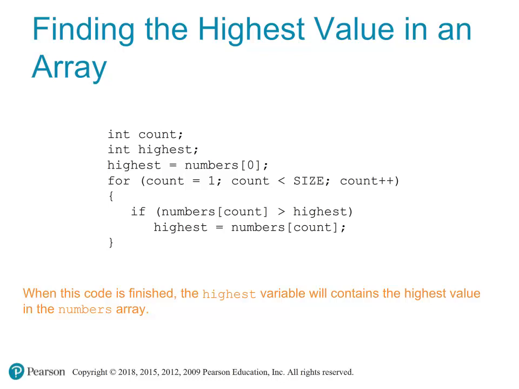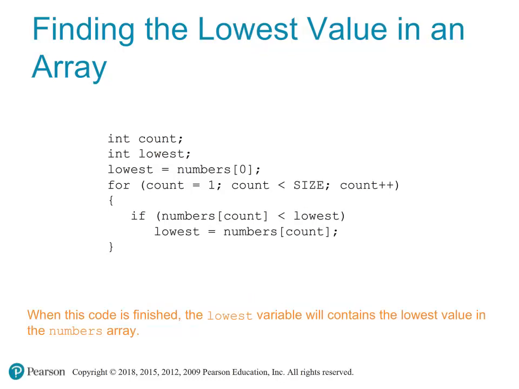Inside the loop, we use an if statement to check whether the current array element, numbers subscript count, is greater than highest. If the current element is greater than what's stored in highest, then we update highest with the new maximum value. When the loop finishes, highest will contain the maximum value present in the numbers array. So for algorithm efficiency, this finds the highest value with a single pass through the array, making it a Big O of n operation.